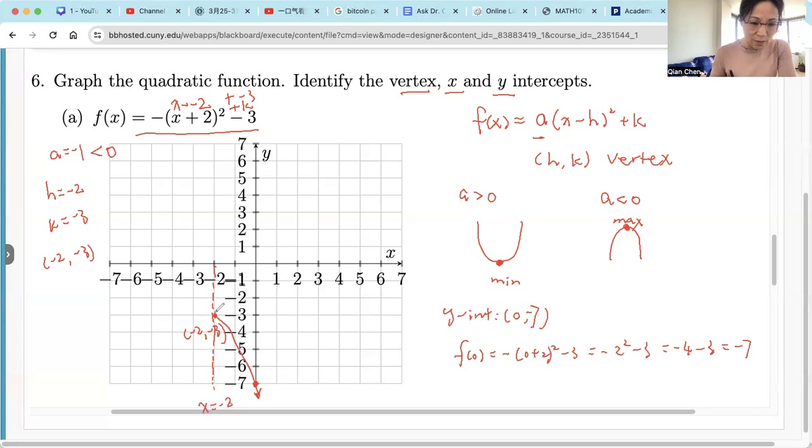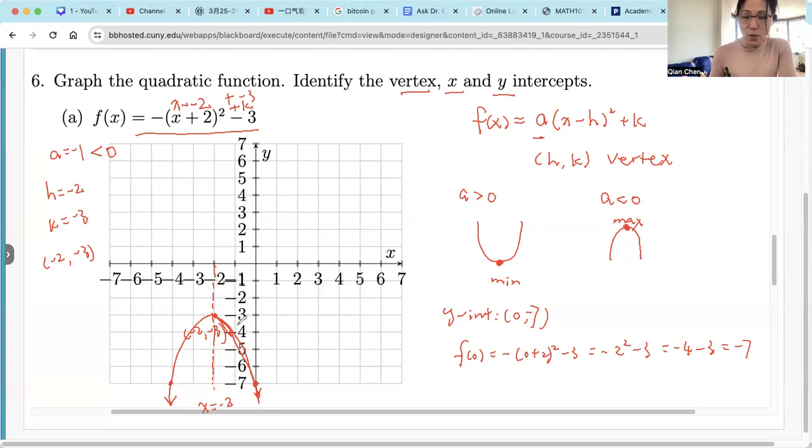So this line is called x equals -2. So if I have a point on this side, I have to have a point on the other side of the graph. So try to graph smoothly. Yeah, I think I graphed this side better, right? So this side should be, this is better. Yeah, that's the graph.